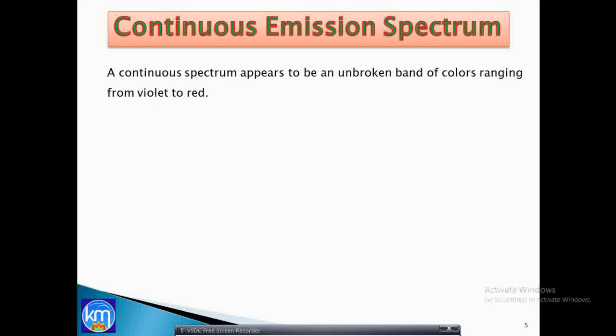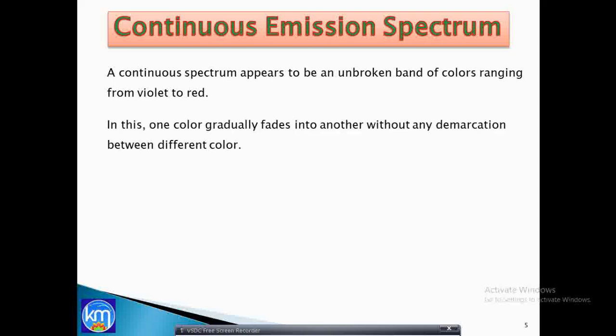That is nothing but the visible spectrum. Now, how will this spectrum appear? One color will just be fading into another color without any boundary between the different colors. This is the appearance of our continuous emission spectrum.